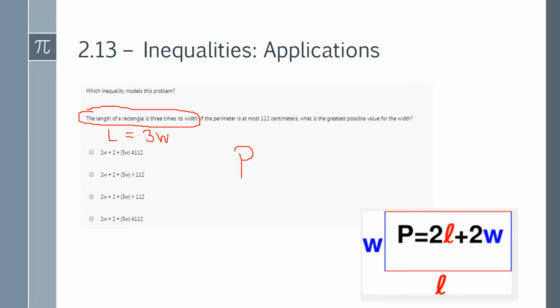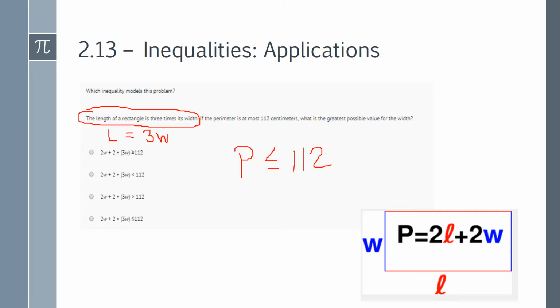The greatest number it could be. That means it needs to be less than 112. Is at the most 112 means that that's my cap and I need to stay below that. So that's going to be a less than. But it can be 112. So perimeter is less than or equal to 112.